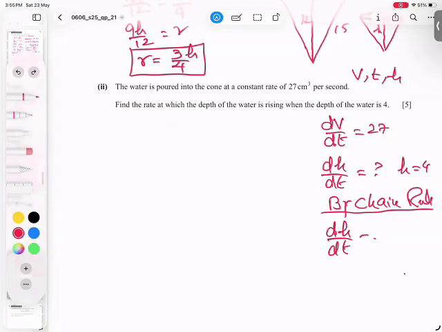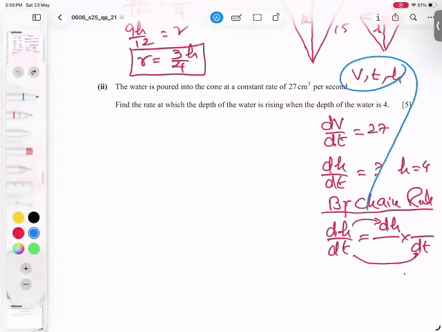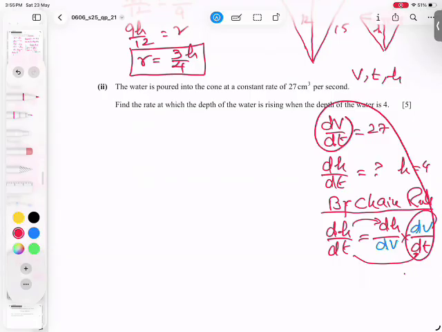So I write two fractions. This will come in the first numerator, and this goes in the second denominator. And what is the third variable? You can see the third variable is volume. So dV and dV. Now this value we already have available, only this is left.